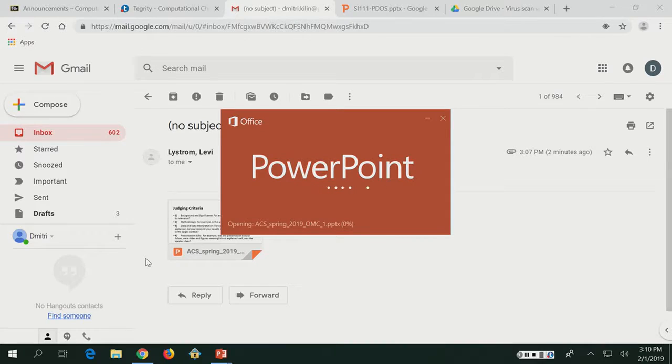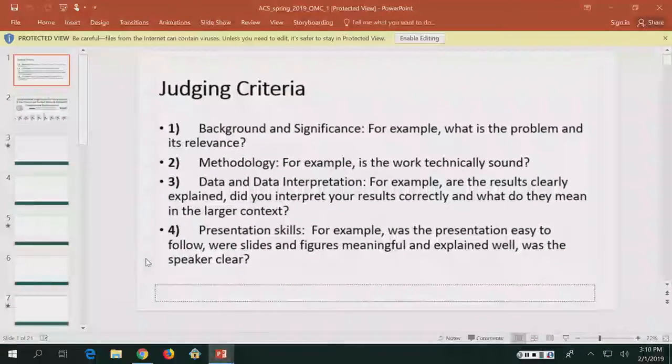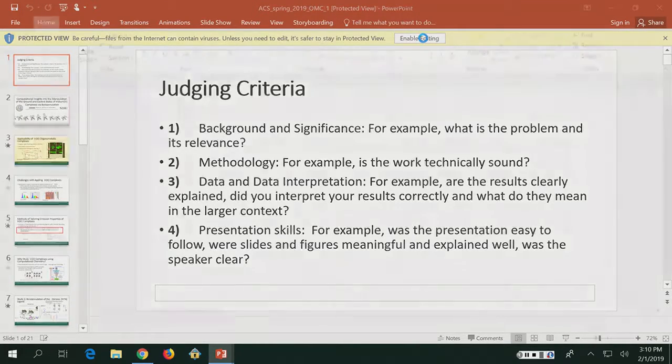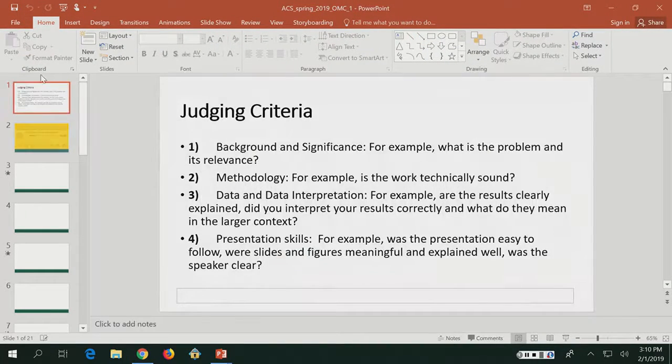And let me briefly explain what Levi will be presenting. We can use it next year, or you can introduce which competition you are participating in, right?